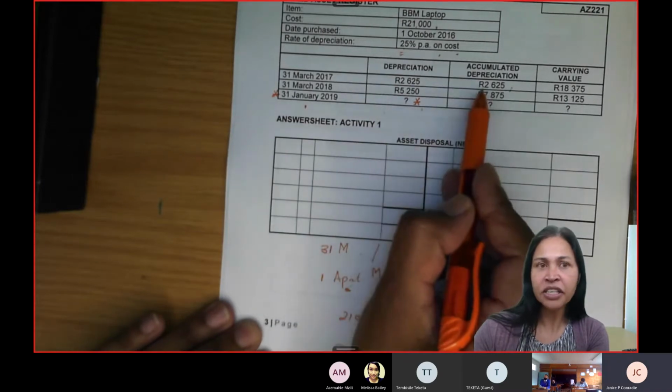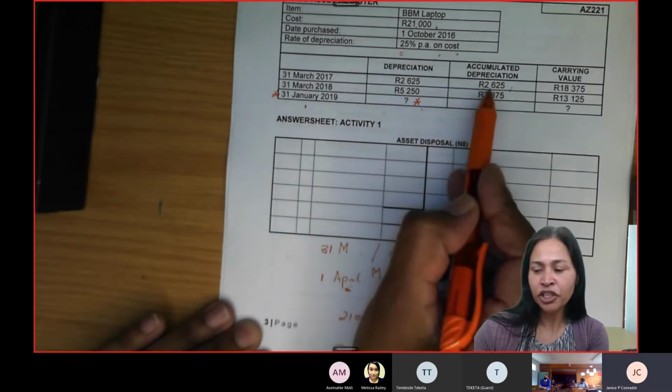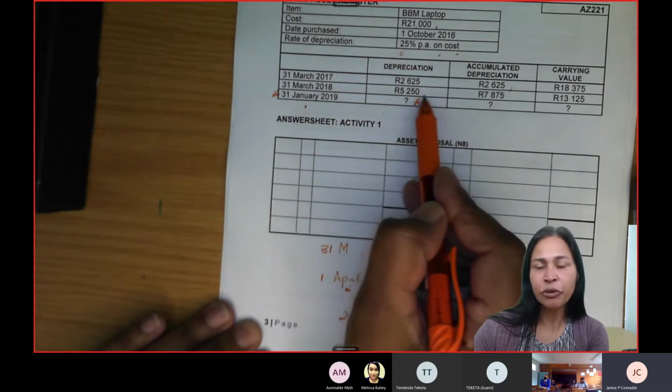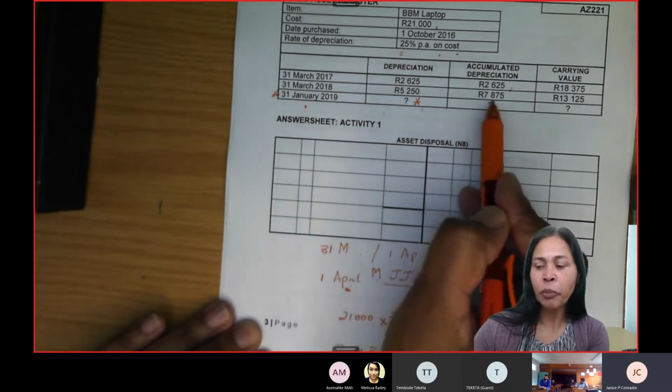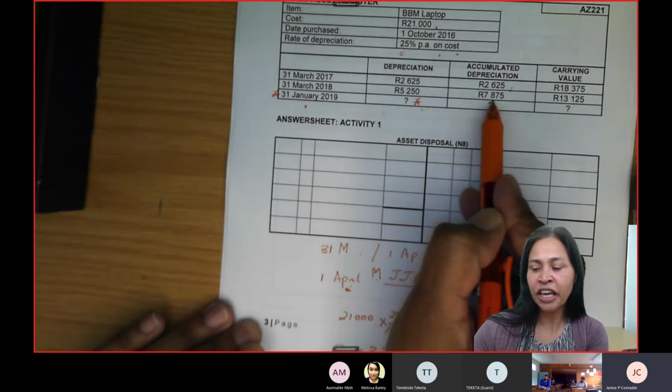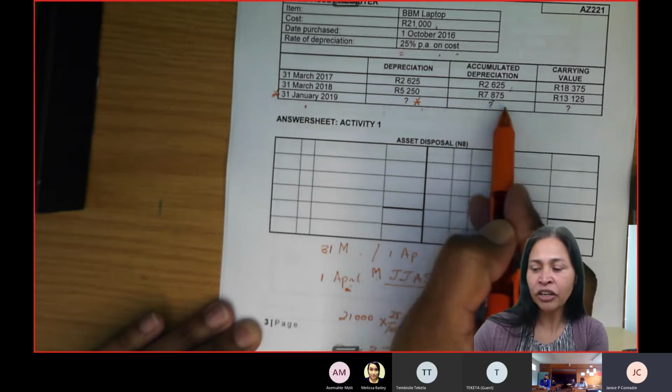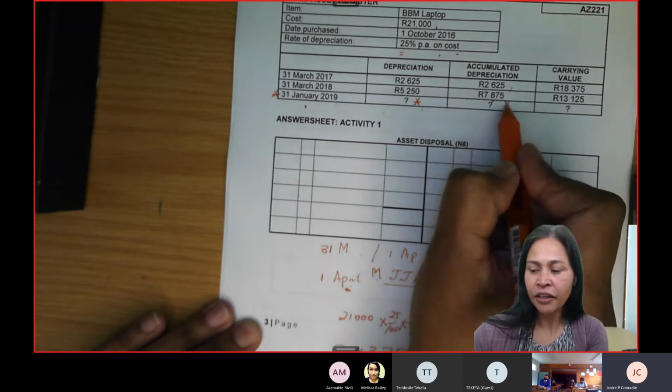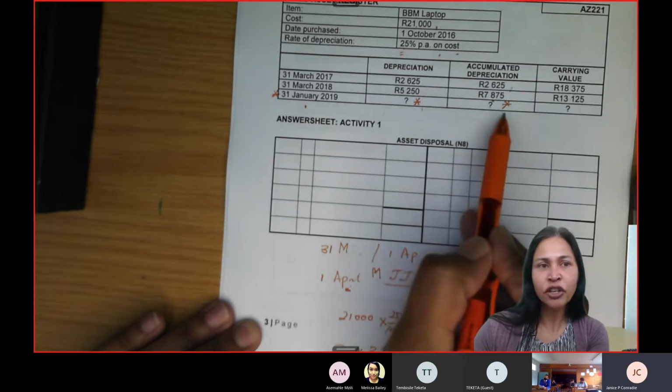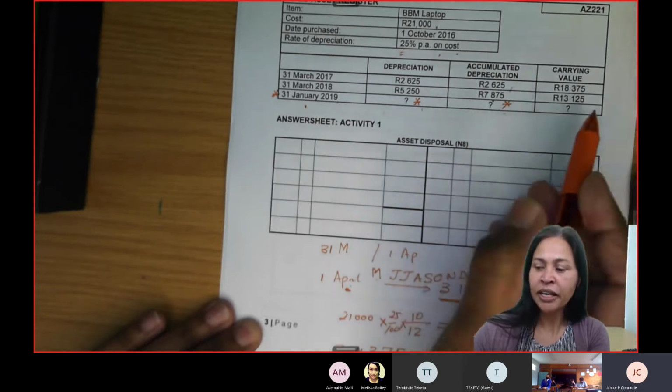So the previous year's accumulated depreciation plus the current year's depreciation gives me my accumulated depreciation at the end of March 2018.